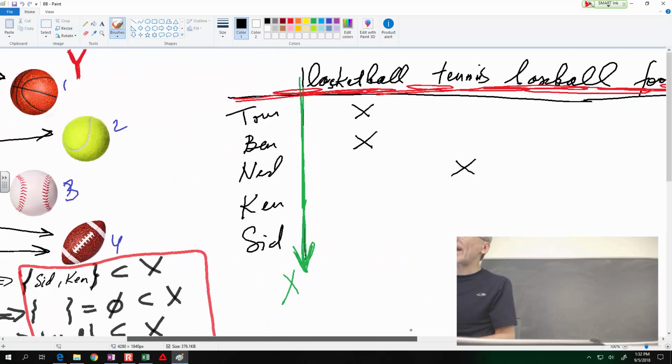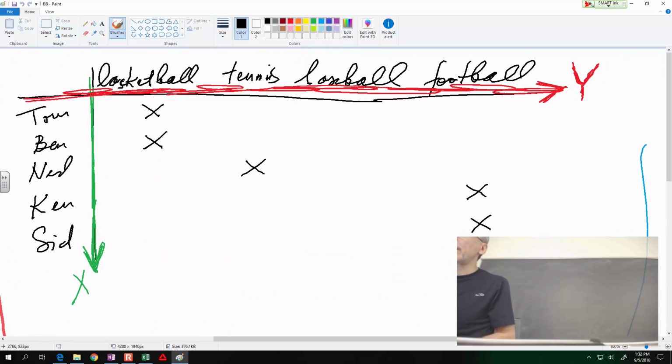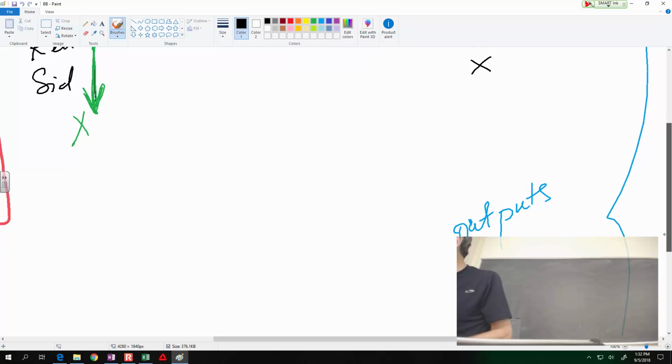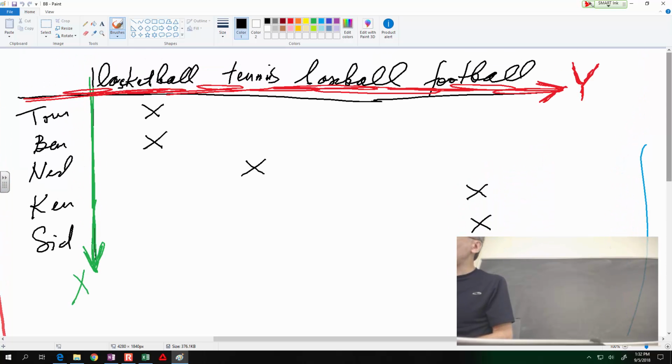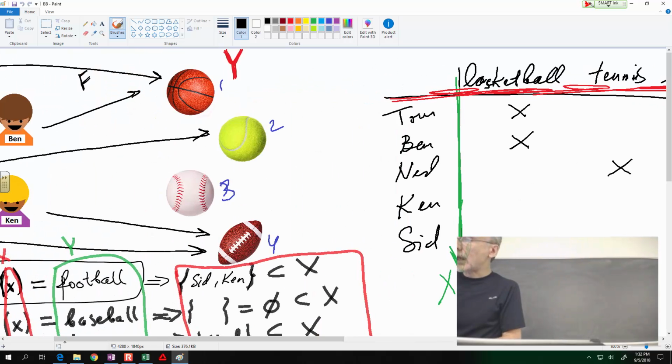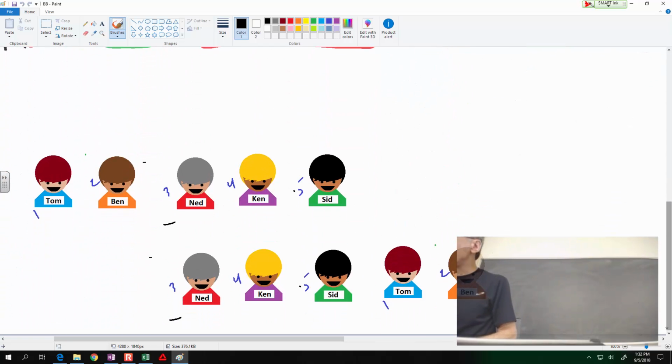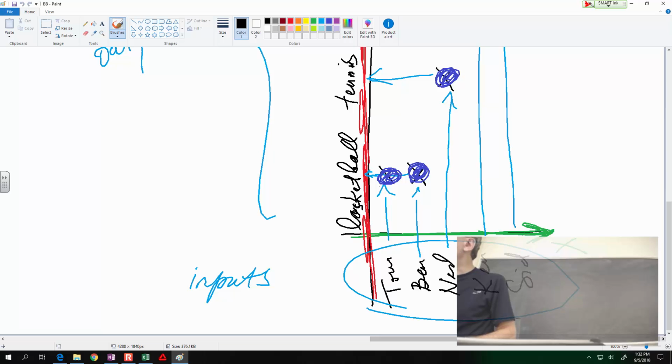From arrows, we put the two sets along the two axes, x and y, green in the opposite color, unfortunately. And that creates a table. So if Tom likes basketball, we put a cross on it. And then we progress to graphs.